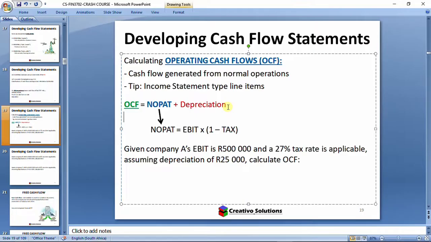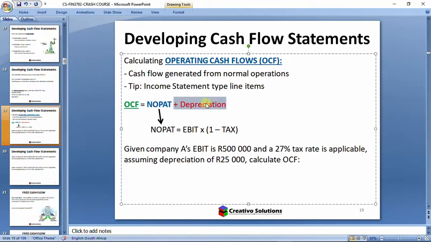So you know when you're drawing up OCF, you need to take out depreciation. When I say take it out, we have to add it back. Does that make sense? Because remember, in the income statement, as part of the operating expenses, you would have subtracted the depreciation.